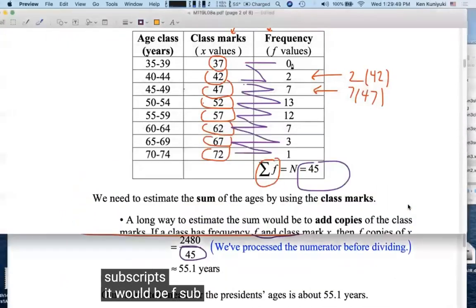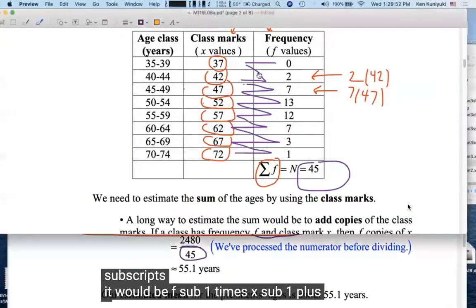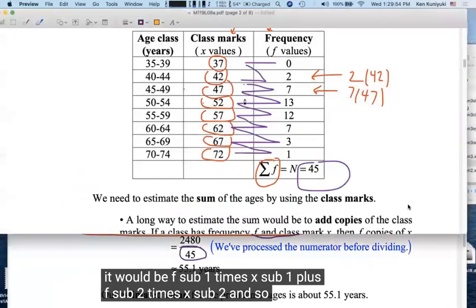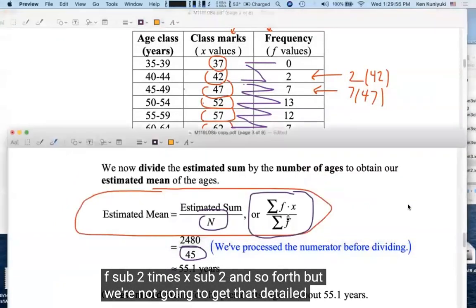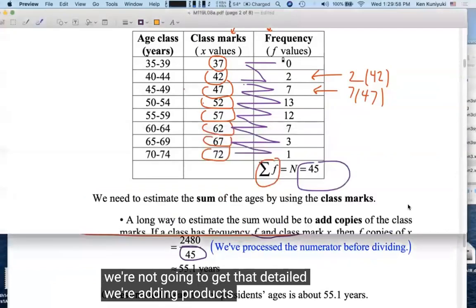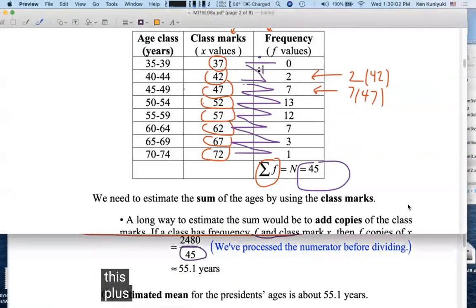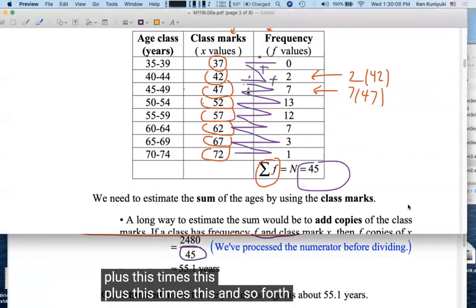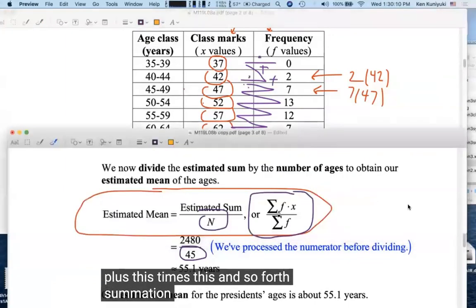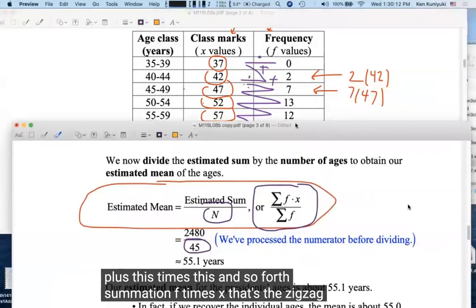It would be f sub 1 times x sub 1 plus f sub 2 times x sub 2, and so forth. But we're not going to get that detailed. We're adding products. It's this times this plus this times this plus this times this, and so forth. Summation f times x, that's the zigzag.